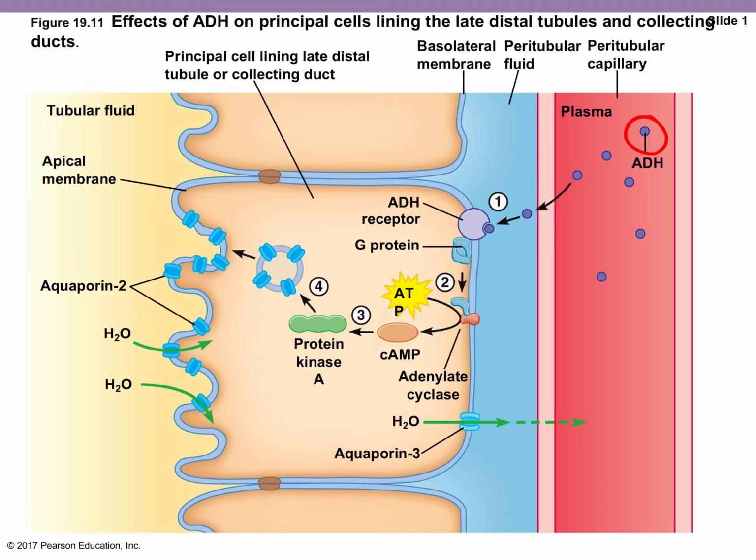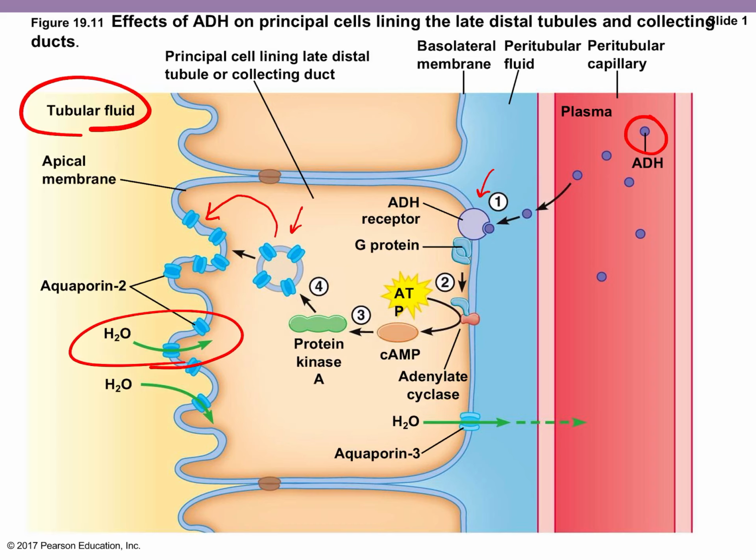So antidiuretic hormone is going to signal, it's a G protein coupled pathway, so you're familiar with this. Notice that we have this vesicle with our aquaporin type 2s, and in the presence of ADH, more of these aquaporin type 2s will be put on the apical membrane, the one facing the tubular fluid. Water will move in through osmosis, and water will move out towards the bloodstream, okay, and also through osmosis.